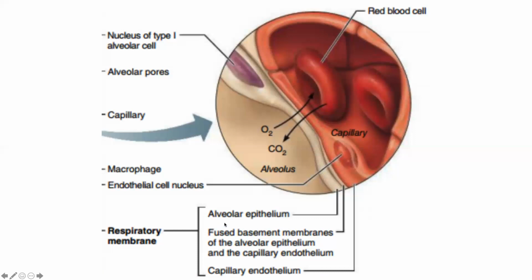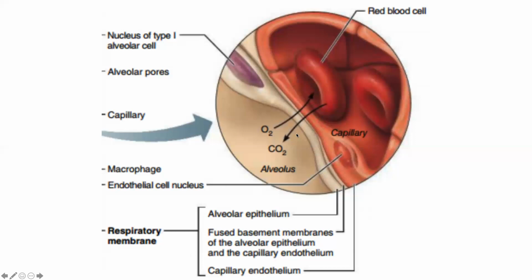That means we will have alveolar epithelium, which is made of simple squamous epithelium. We will have capillary endothelium, again made of flat squamous cells. And in between, we will have the fused basement membrane of the alveolar epithelium and the capillary endothelium. That in combination we call the respiratory membrane.